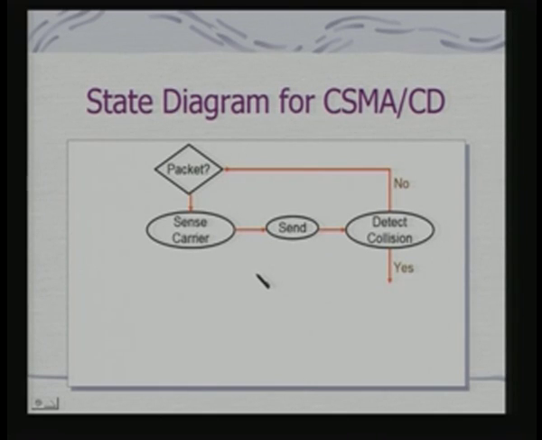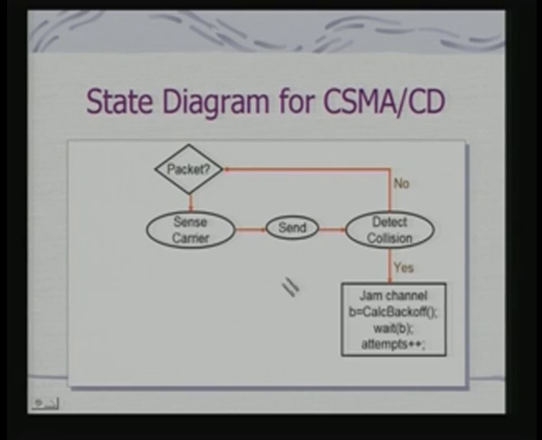If a collision is detected, then you jam the channel, in the sense that you do not send the packet. You calculate a parameter called B, we shall see how this parameter can be calculated, and you make a subsequent attempt after a waiting period.